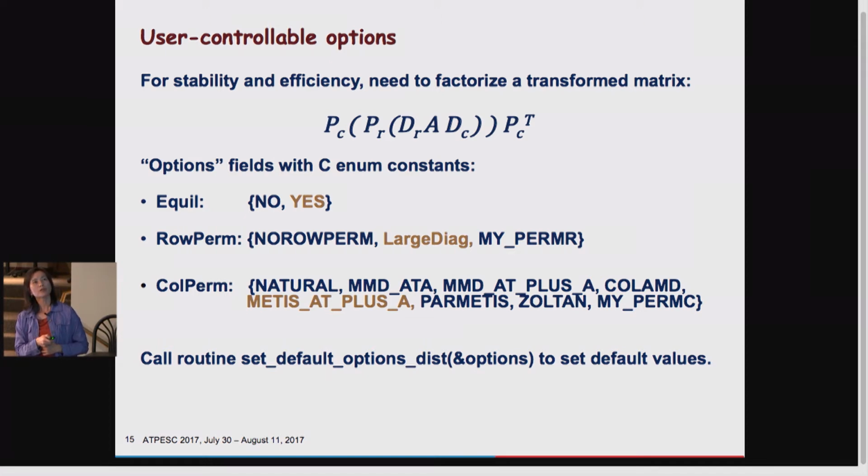We also use a row permutation so that you get large elements on the diagonal, and you have a more stable factorization. And we use a column permutation, symmetrically permuting this transformed matrix, so that you get a smaller number of fill in the LU factors. If you turn off everything, it is null, and you factorize A. Otherwise, by default, you factorize this matrix.